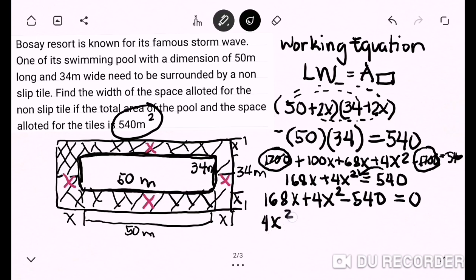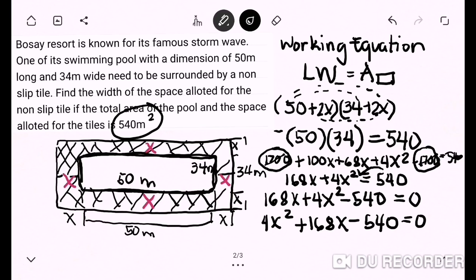We have 4x squared plus 168x minus 540 equals 0. So, if you will notice mga classmate, yung ating 3 terms, pwede pa nating isimplify. So, we can multiply both sides of the equation by 1/4, or we can divide the entire equation by 4.